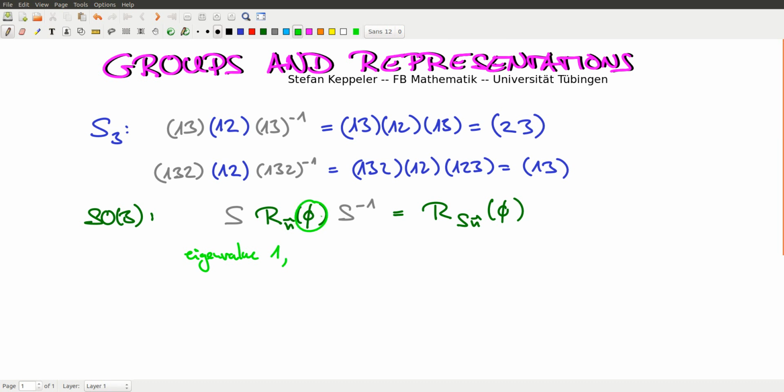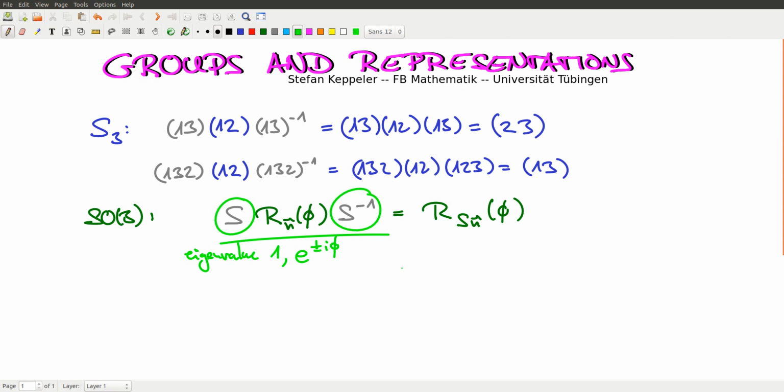And then if this phi is a typical phi, maybe a rotation by pi half or something, there will be no more real eigenvectors. Everything is turned away. No more real eigenvalues, but two complex eigenvalues, e to the plus minus i phi. Now, the eigenvalues don't change when we conjugate.